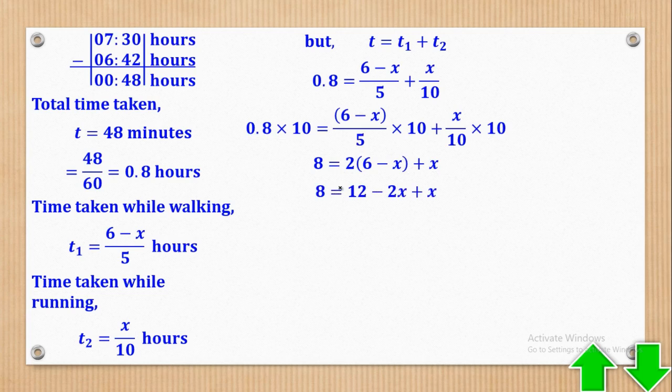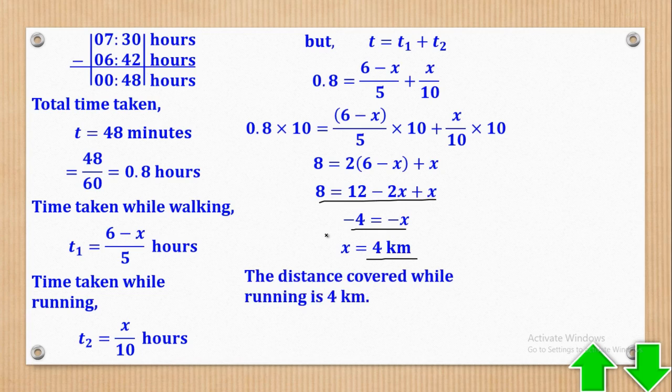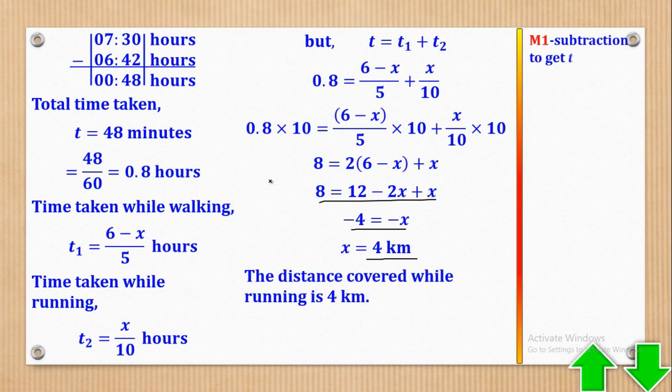Next I'll open brackets, then collect like terms. Therefore x is equal to 4 kilometers. Therefore the distance covered while running is 4 kilometers. So that's what they wanted for that part.